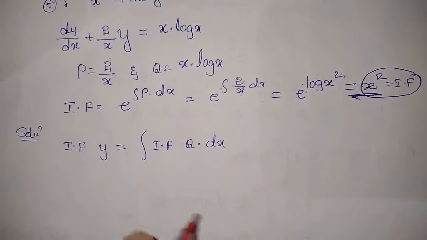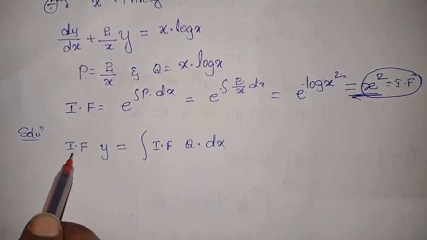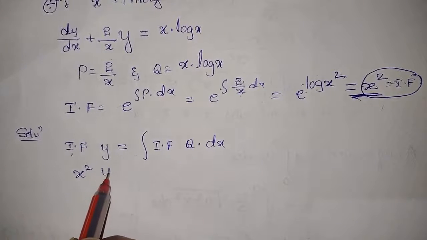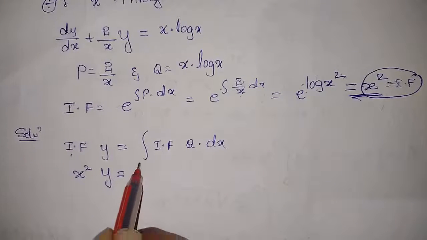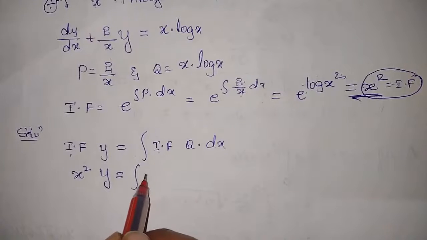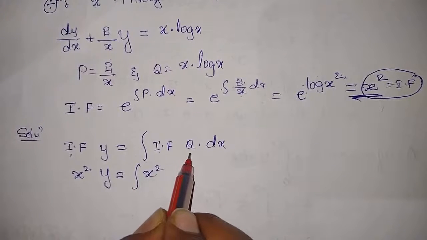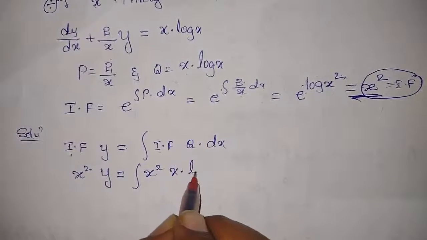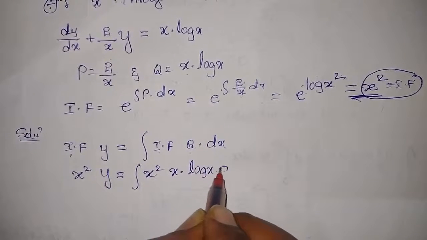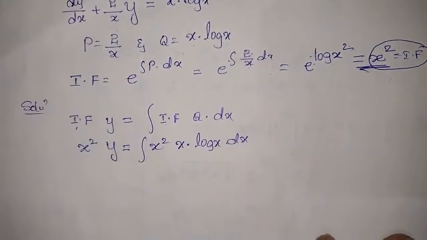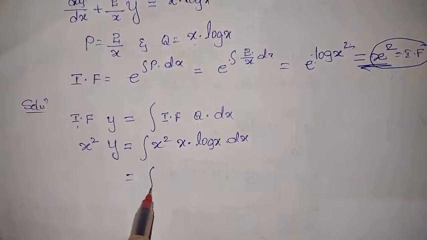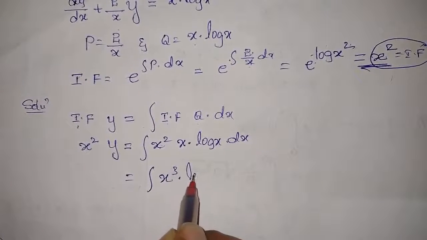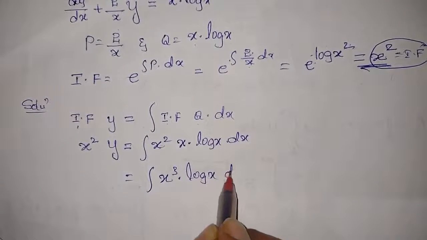Next, substitute: integrating factor is x square, y is as in the standard equation, so write it as it is. Integration of x square, the integrating factor, into q, which is x into log x, into dx, is equal to integration of x square into x, that is x cube into log x into dx.